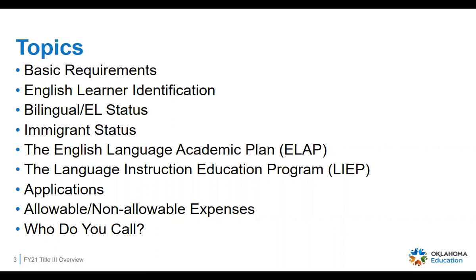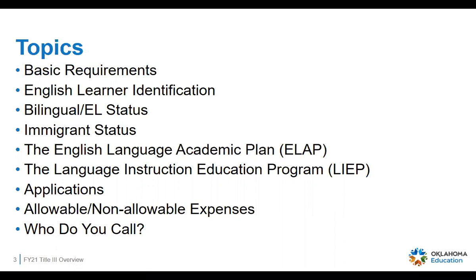But today we're going to have a broad overview of the basic requirements, both in terms of your requirements for teaching English learners, and then more specifically about Title III and the two parts of Title III, the EL and the immigrant part. We will go briefly over the process for identifying English learners.